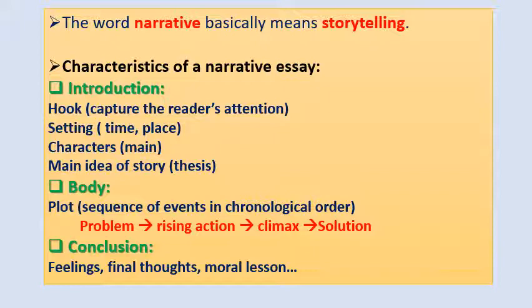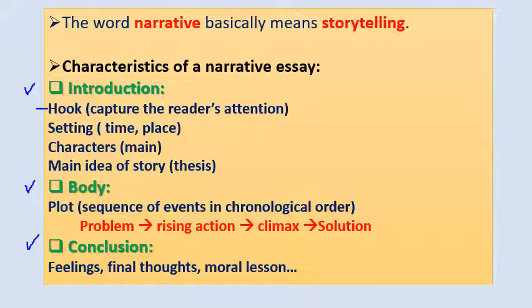So what are the characteristics of this type of writing? It is divided, like any essay in this world, into three main parts: the introduction, the body, and finally the conclusion. Now, in a narrative essay, what goes in the introduction? Like any essay, it needs a hook.